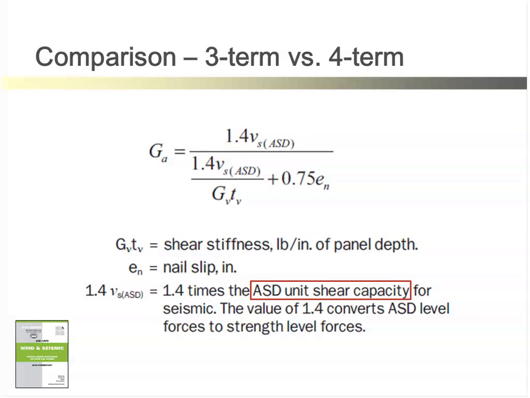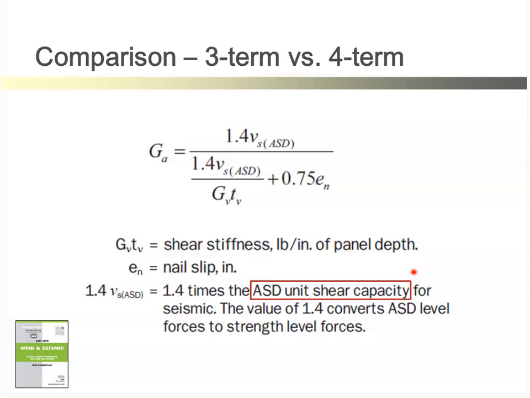Now, one thing I do want to point out here, and it's highlighted in red, and we've had questions about this before, but because this is a simplification where we actually have to tabulate these G sub A values, we do make an assumption that that G sub A is based on 1.4 times the ASD unit shear capacity versus the induced unit shear. So that's a distinction that you need to be aware of.